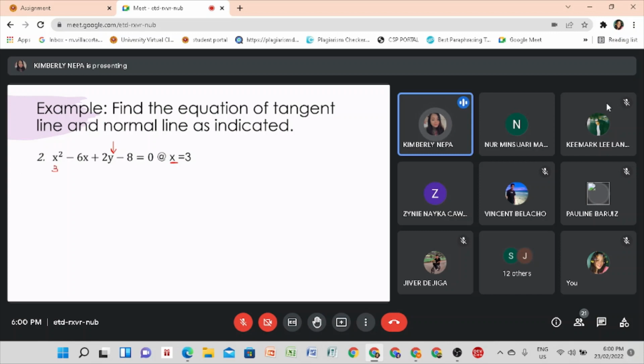So meaning to say this would be 3 squared minus 6 times 3 plus 2y minus 8 is equal to 0. Isolate 2y so we can get the value of 2y. How much is 3 squared? 9 minus 18 minus 8.